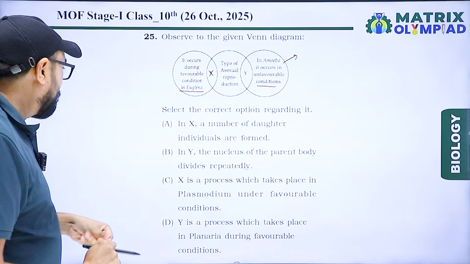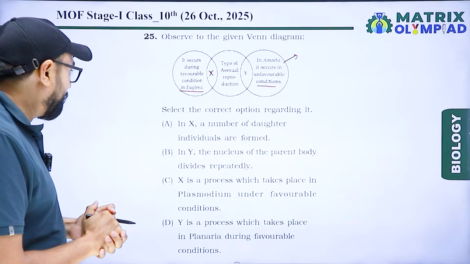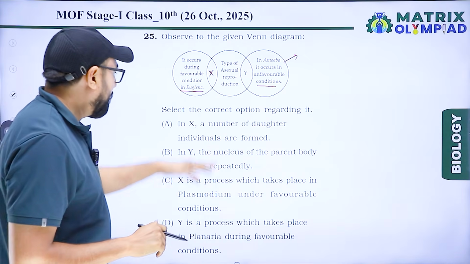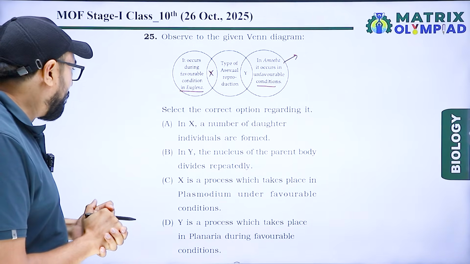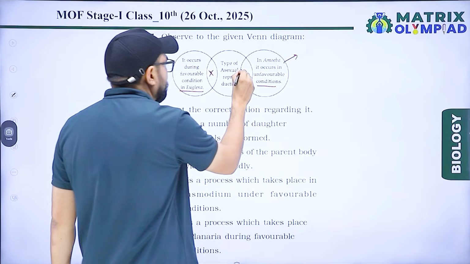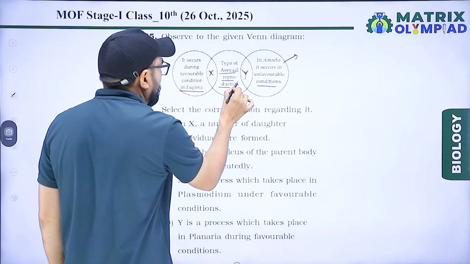In X, a number of daughter individuals are formed. In Y, the nucleus of the parent body divides repeatedly. Y is asexual reproduction.